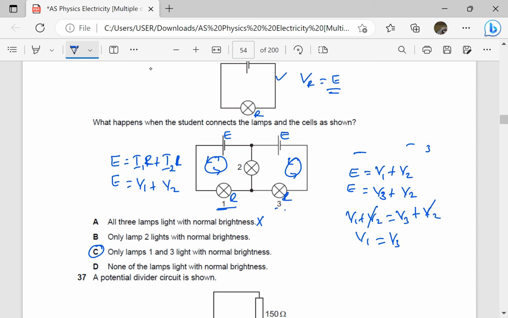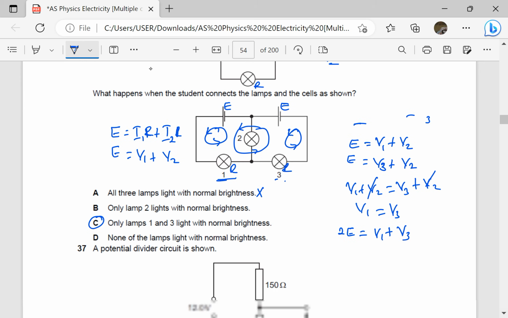So if we go back, if the PD across 1 is the same as the PD across 3, then if I go back to the outer loop here, which was giving us twice E being equal to the PD across this one, which is V1, plus the PD across the other one, which is V3, ignoring the one at the center. Remember, V1 is equal to V3, so twice E is equal to V1 plus V3, which is the same as twice V1.